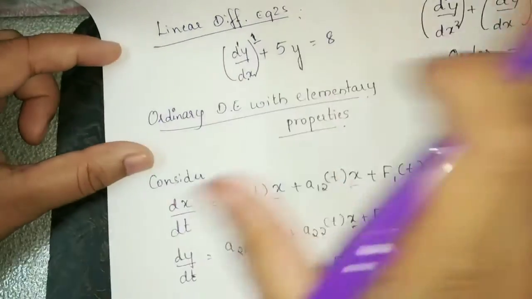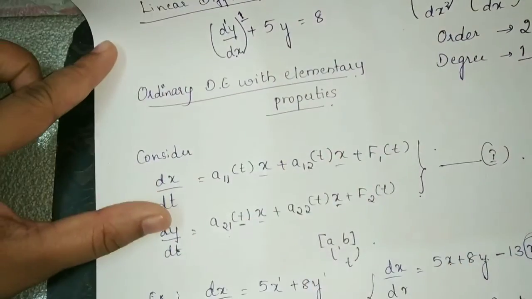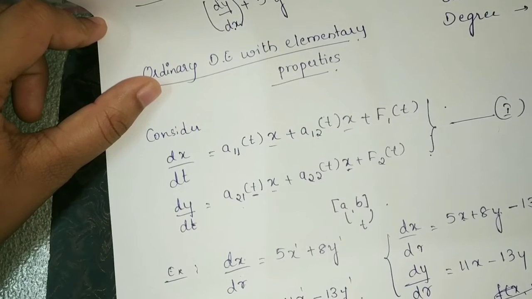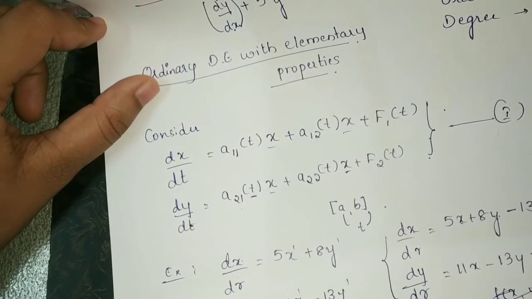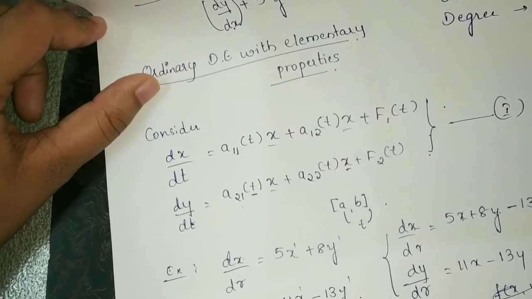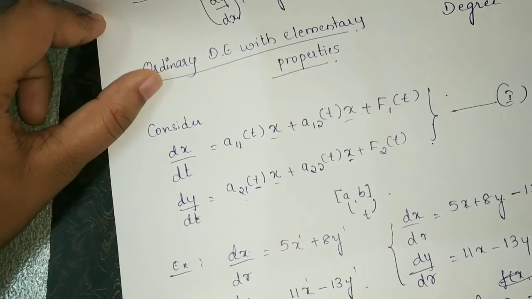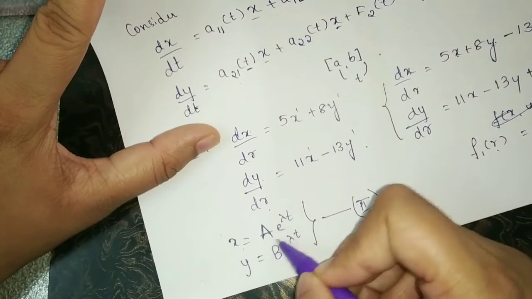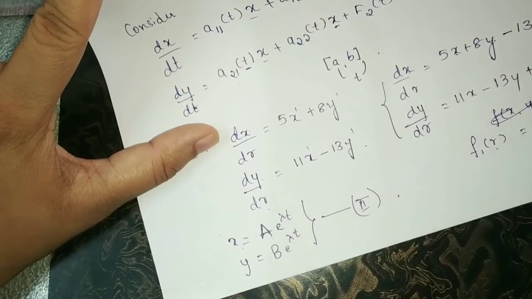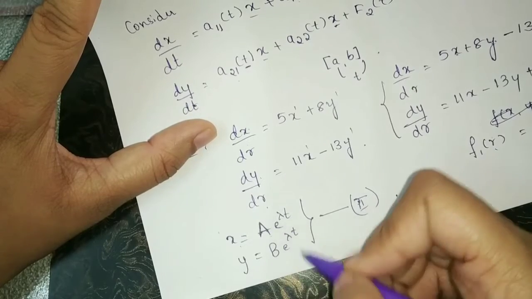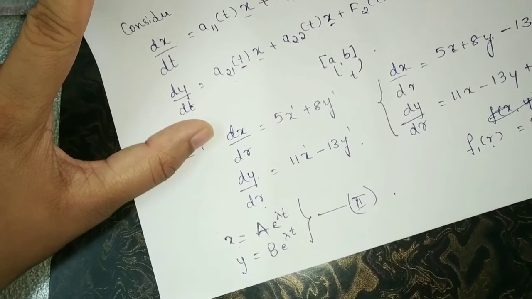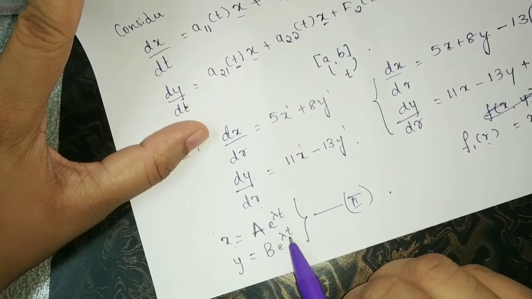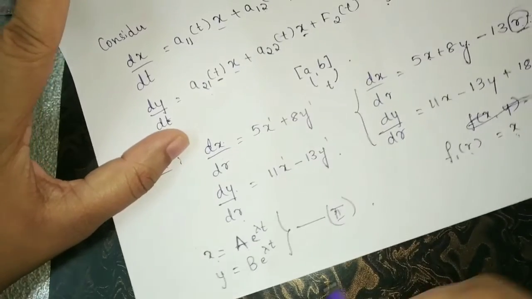After that, from the definitions and examples of differential equations, we got the conclusion that exponential functions have the property that they become the general solution for the given differential equation. So at random, we have taken x as an exponential function with arbitrary constants A and B, such that x equal to A into e raised to lambda t, y equal to B into e raised to lambda t.